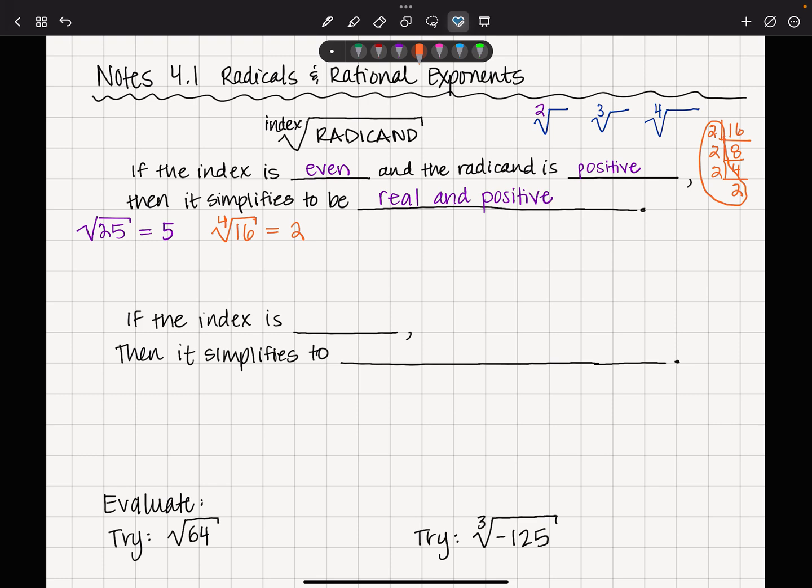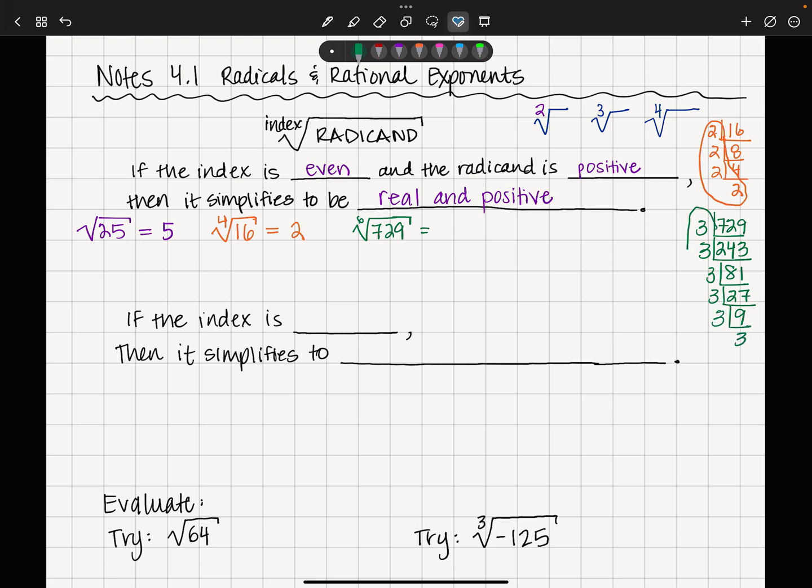No radical left over. We could even look at the sixth root of 729. 3 goes into 729 243 times. 3 goes into 243 81 times. 3 goes into 81 27 times. 3 goes into 27 9 times. And 3 goes into 9 3 times.